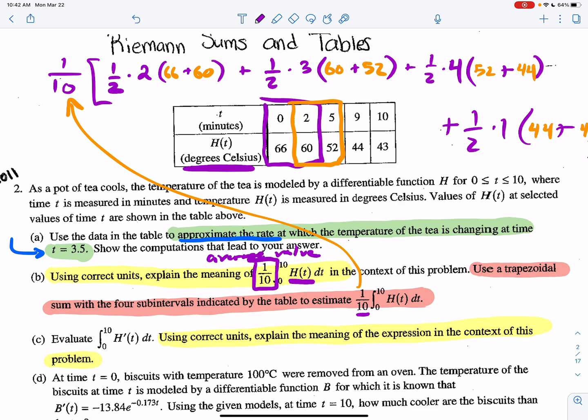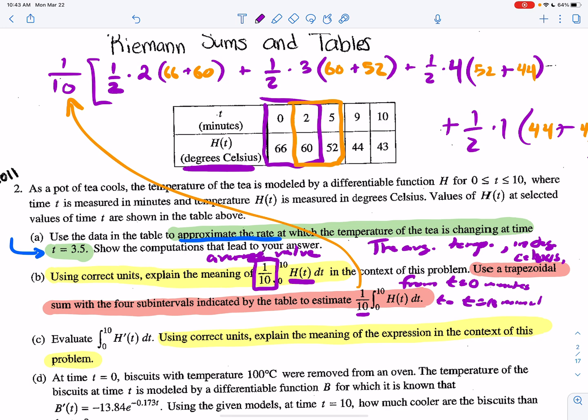H is measured in degrees Celsius, so that's a measure of temperature. So you would say that this is the average temperature in degrees Celsius from t equals 0 minutes to t equals 10 minutes.